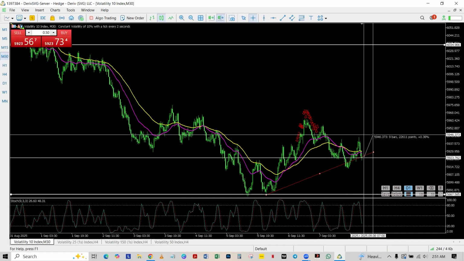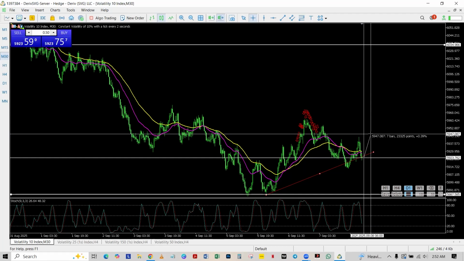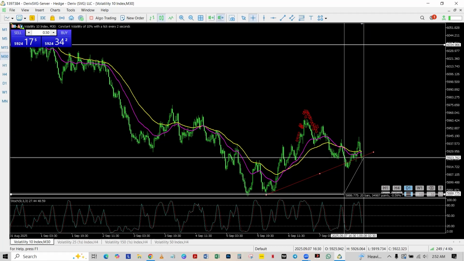Then your stop loss should be slightly above this high of the retracement of this pullback. All right, so your stop loss can be here, then your take profit will be at this 5887.